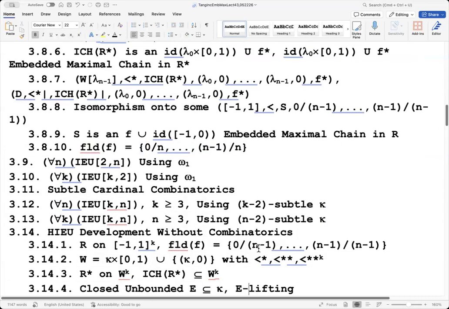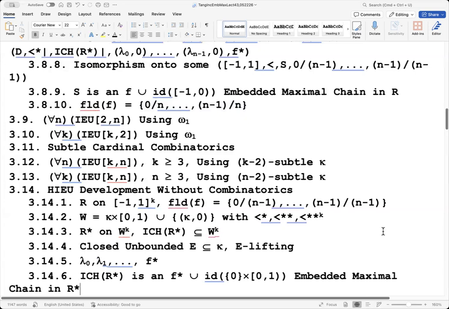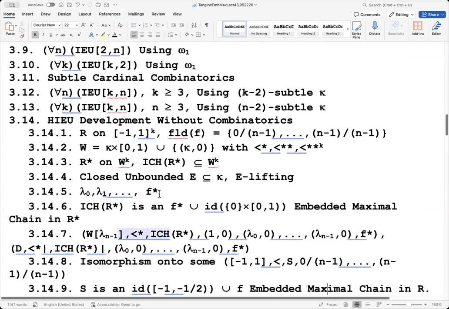Then we apply this to the twos in here. This means dimension two, and this means the cardinality of the field is two. And then we do the subtle cardinal combinatorics. Then there is the weaker one, half IEU, and it has the same function situation.